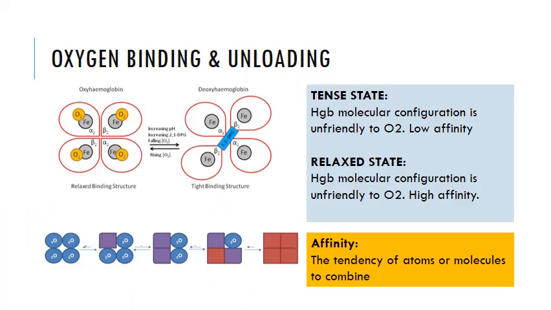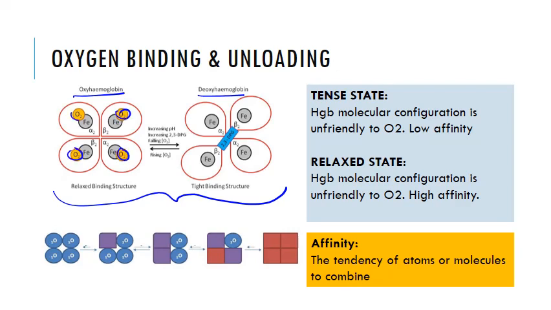Hemoglobin doesn't absorb oxygen evenly or in a linear fashion. This image demonstrates 2 different molecular configurations of hemoglobin. One, deoxygenated hemoglobin, or hemoglobin with no oxygen attached, and oxyhemoglobin, quite the opposite, a fully populated hemoglobin molecule.